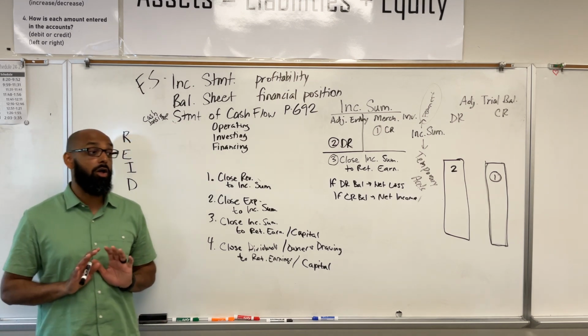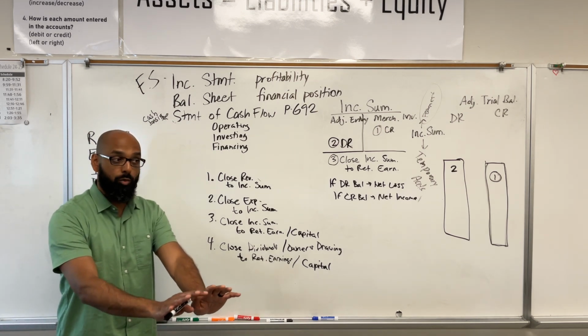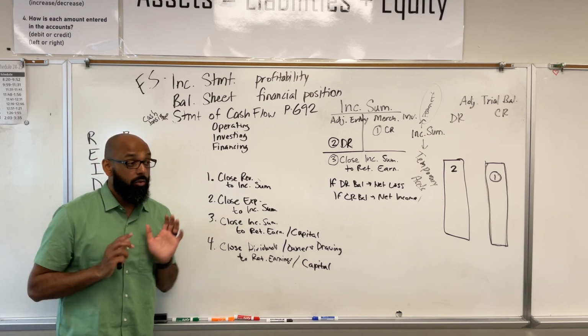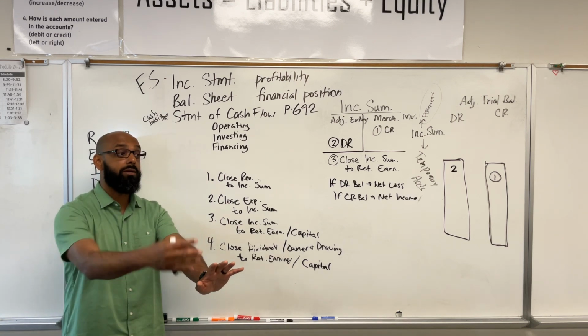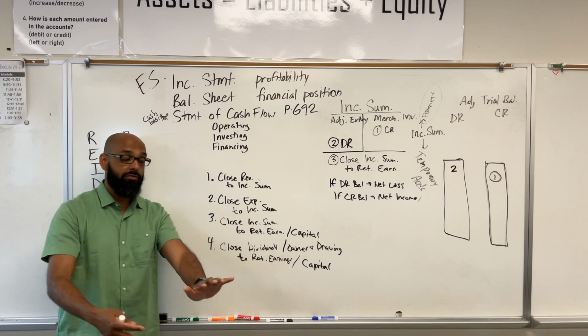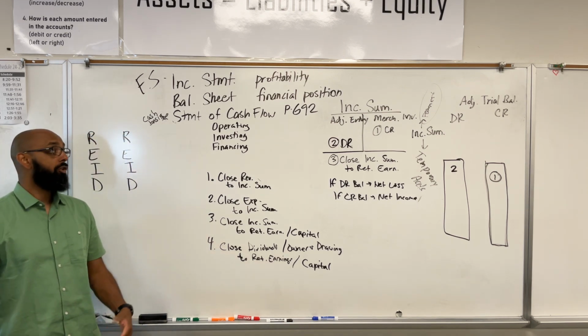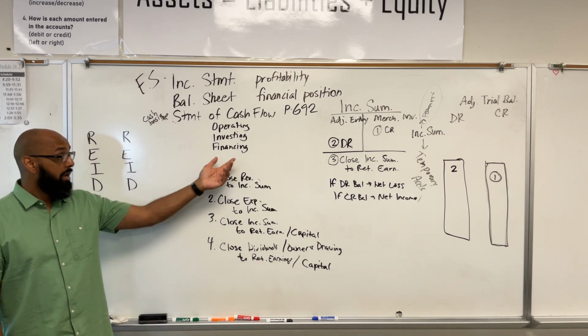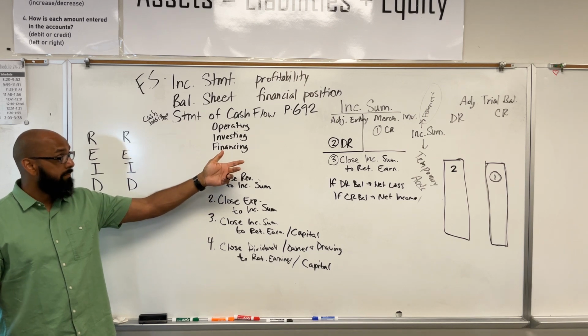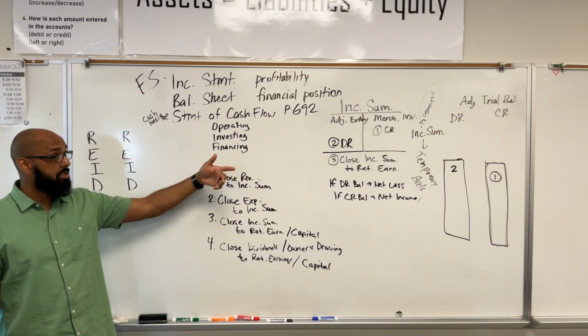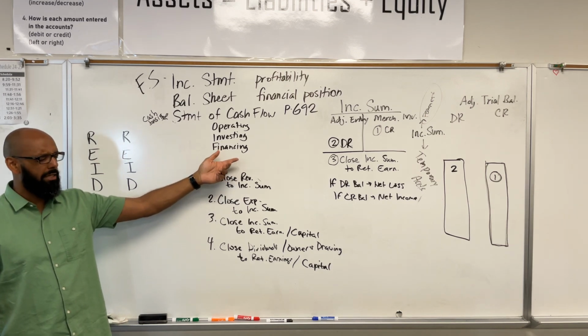And that's where we sell parts of our company. We don't ever have to pay anybody back for it. We sell parts of our company and now somebody owns a piece of the pie. So we're going to have to potentially share the wealth with them through dividends. So issuing stocks, paying dividends, issuing bonds, all of those things are going to fall into the financing activities.